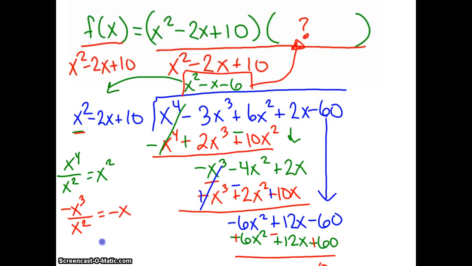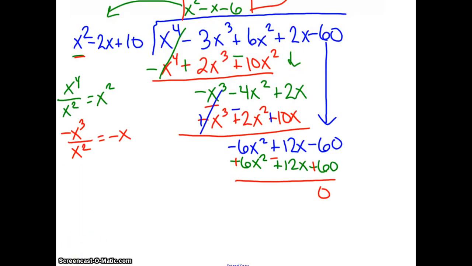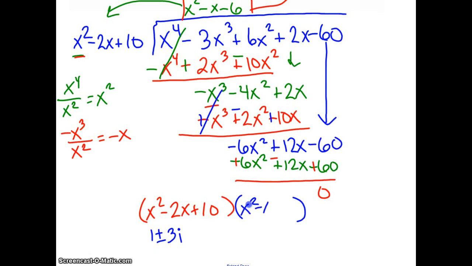So we had x squared minus 2x plus 10. Remember, that came from your two solutions, the 1 plus and minus 3i. That's where this factor came from. Well, we just found by long division that the other factor is x squared minus x minus 6.